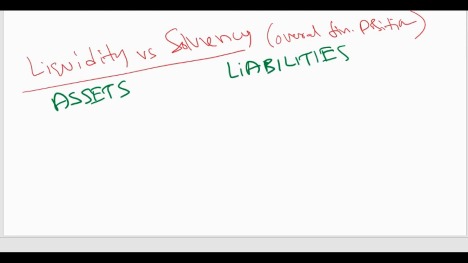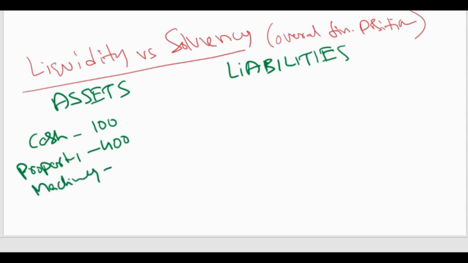Let's say you have cash of 100 million and you have property of let's say 400 million, right? And you have some machinery of let's say 50 million, right?